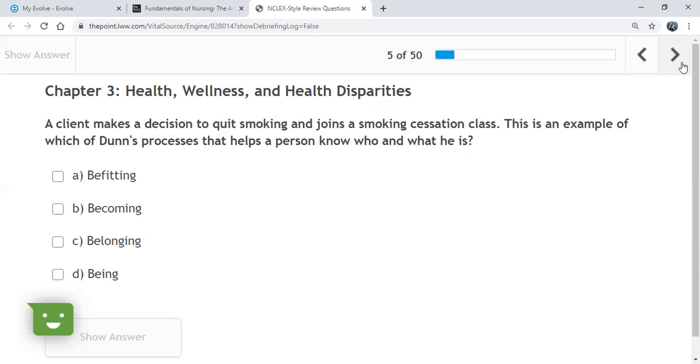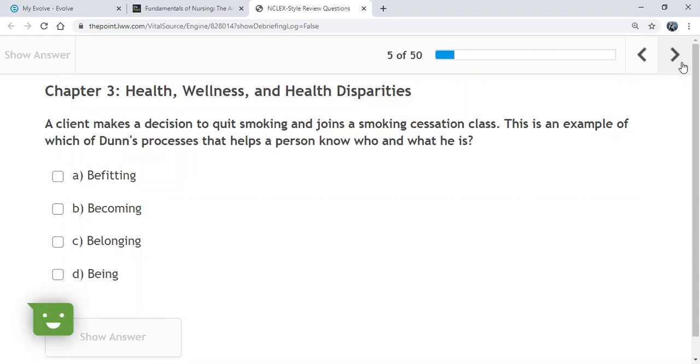So what do you think? Who knows Dunn's? Becoming? I would just guess with A, befitting. Befitting, yeah. Okay, and I hear becoming. How about everybody else?